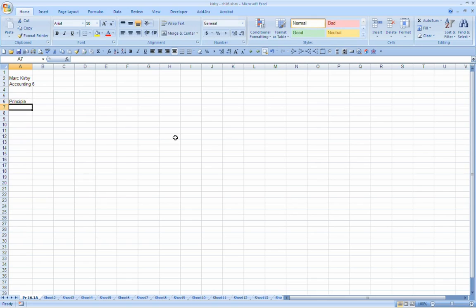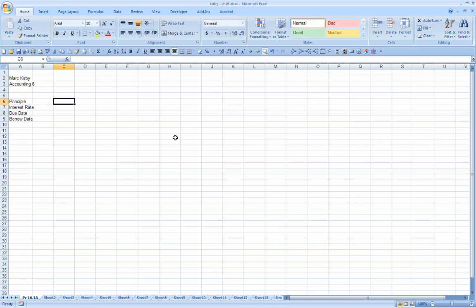The interest rate that they're going to charge you to borrow the money. The due date. The borrow date, the day you borrowed the money.